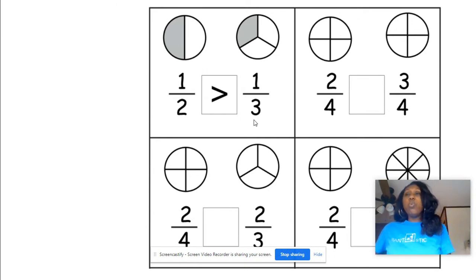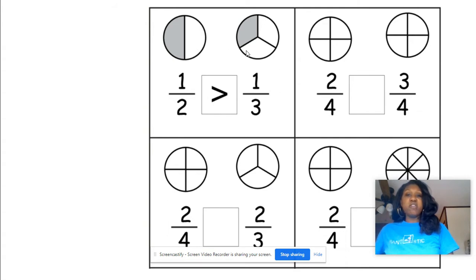If I get one piece of something and I'm sharing it between 2 people, myself and another person, okay? Or if I get one piece of something and I'm sharing it out of a group of 3, that's me and 2 other people. When there's more people, I get less. So that means that 1/3 is less than 1/2.